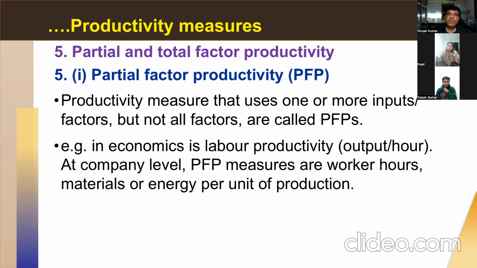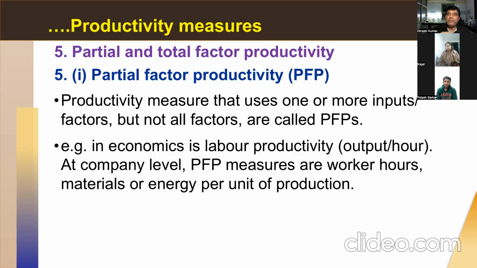Similarly, you can calculate partial factor productivity of herbicide use, with 10 gram, 20 gram, 30 gram, and see how much the yield output changes. But you need to calculate it differently because the effect of herbicide is different from the effect of fertilizer. So this is called partial factor productivity.